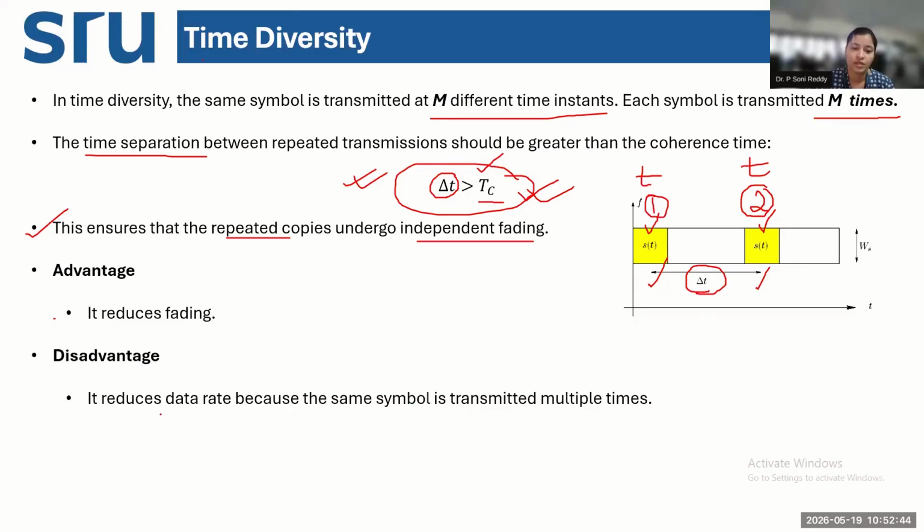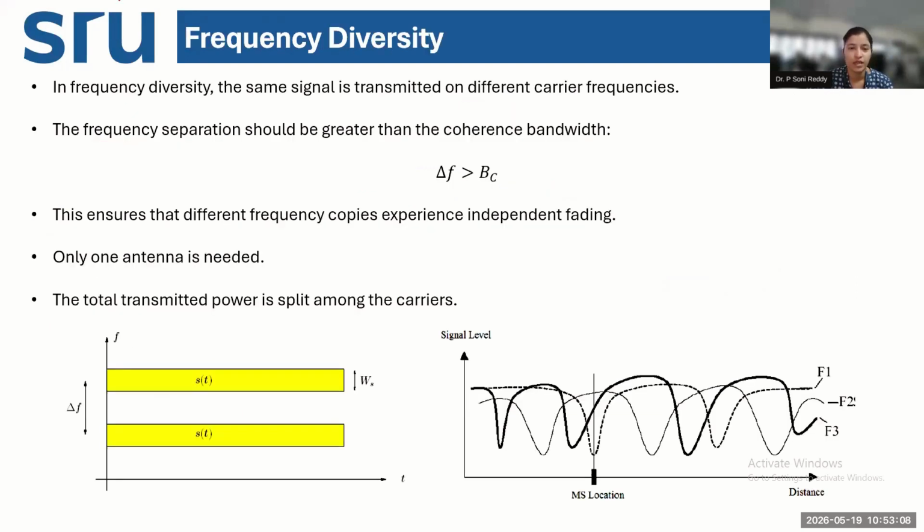The disadvantage is that it reduces data rate because the same symbol is transmitted multiple times. Because the same copy of the transmit signal is being transmitted in multiple time periods, the data rate actually reduces. So it is deteriorating the performance of the communication channel. Data rate reducing means it becomes slow, and a smaller amount of data can be transmitted.